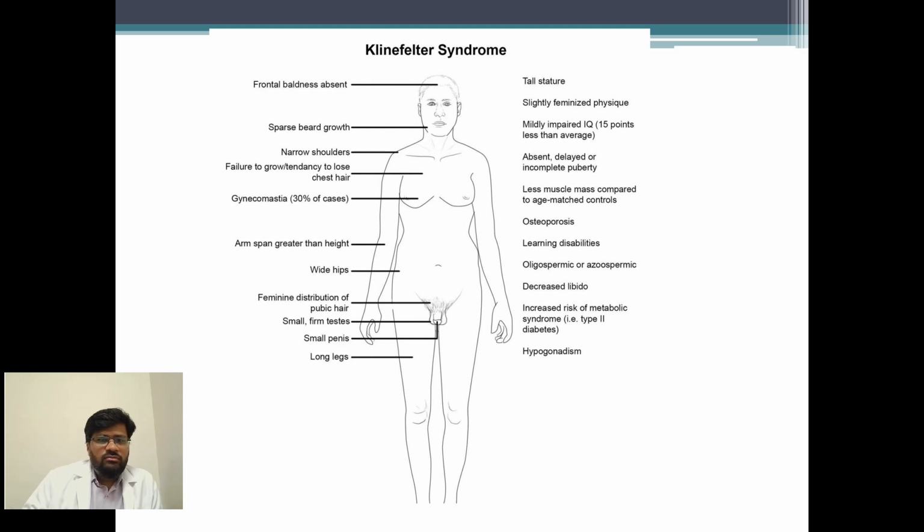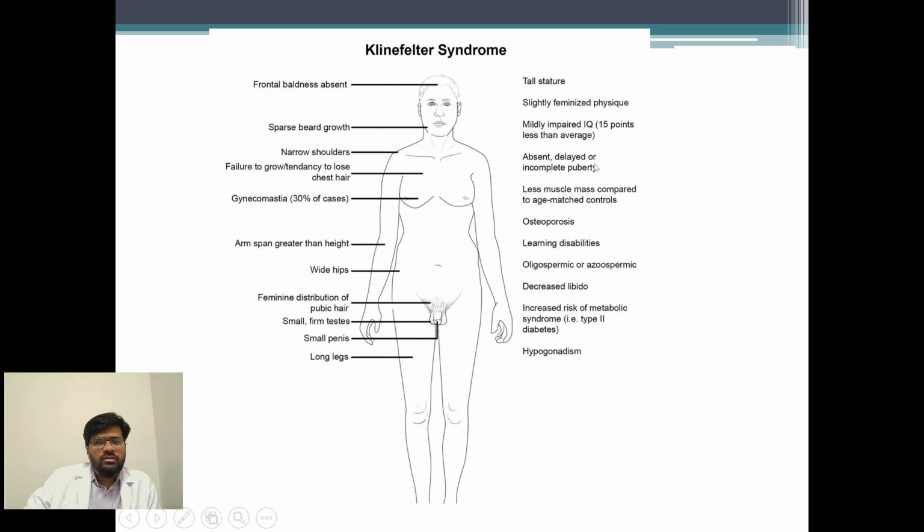So to summarize here, we won't see the frontal baldness present in normal males. They have sparse beard growth, narrow shoulders, and fail to grow any chest hair. Gynecomastia can occur in around 30% of cases. The arm span is greater than the height. They have wide hips like females, female distribution of pubic hair, small testes, small penis, long legs, and they are tall with feminized physiques.